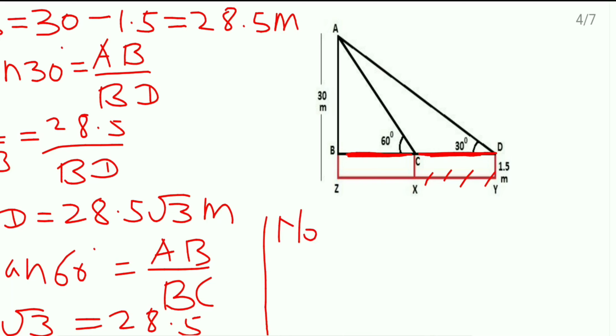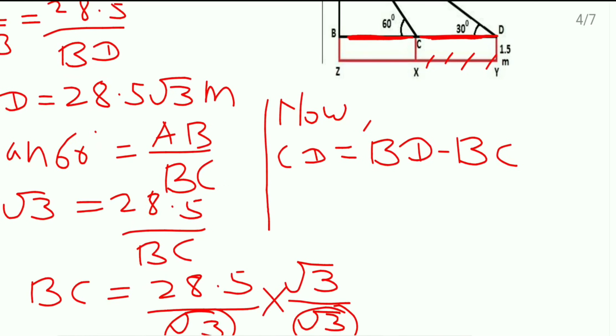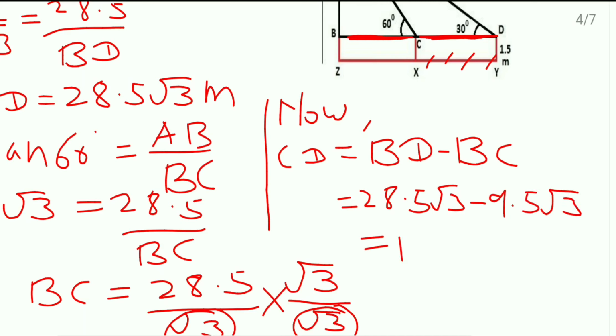Now, CD is equal to BD minus BC. We'll substitute the values here. So BD is 28.5 root 3 minus 9.5 root 3, which comes as 19 root 3 meter.